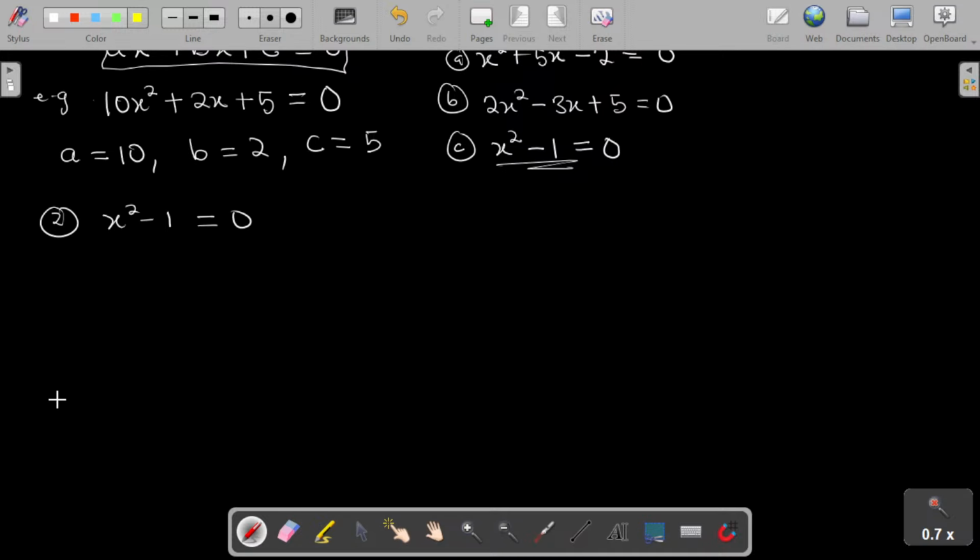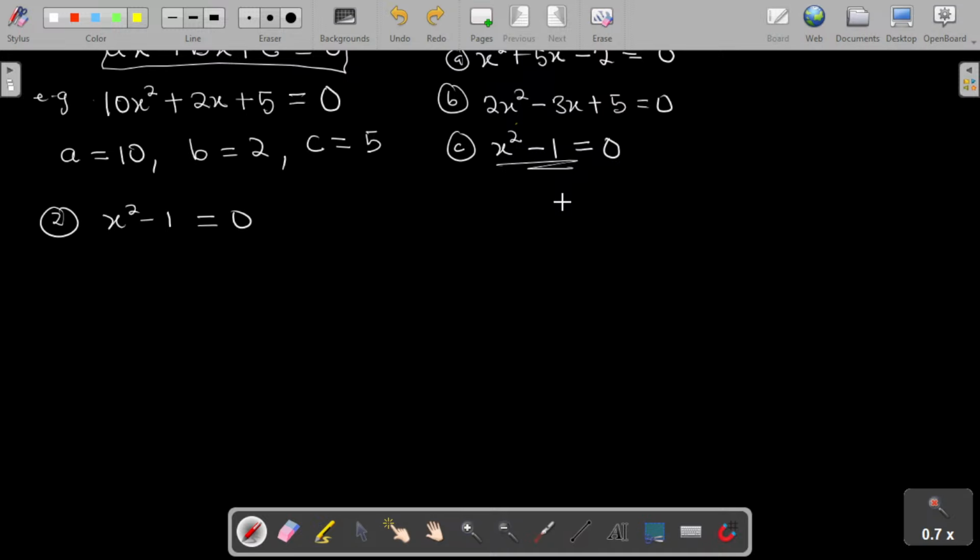Okay, somebody is saying that it is not a quadratic equation. That's IJ. IJ, let me quickly respond to your comment. Yes, it's a quadratic equation. You know why? Because the highest power of the variable here is 2. Once that is satisfied, it is a quadratic equation. It does not matter whether the other two parts are there.